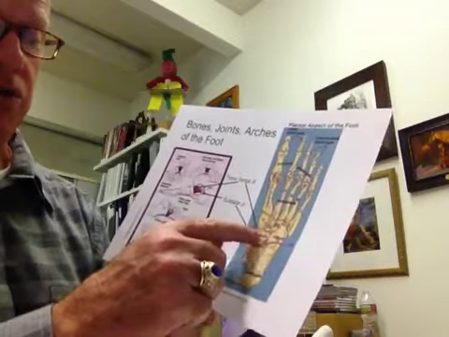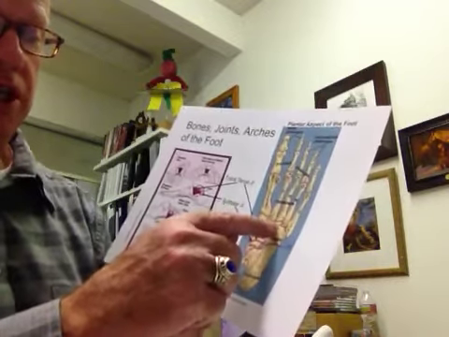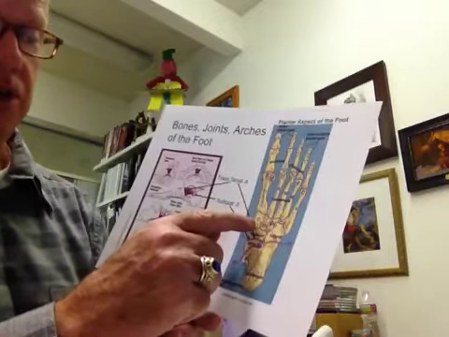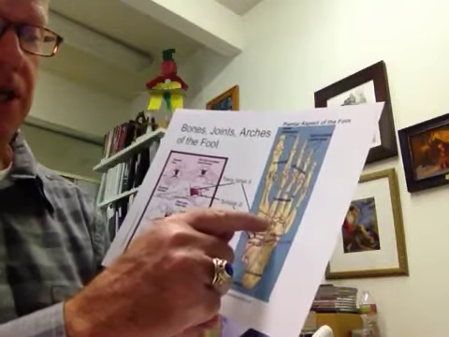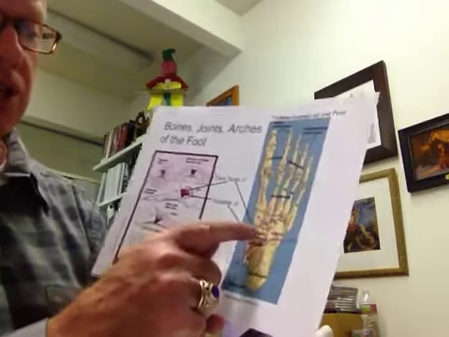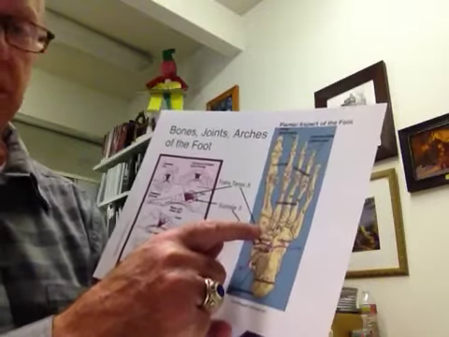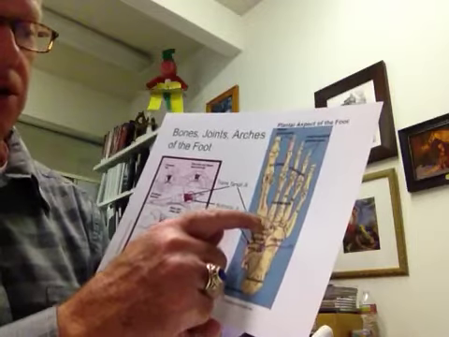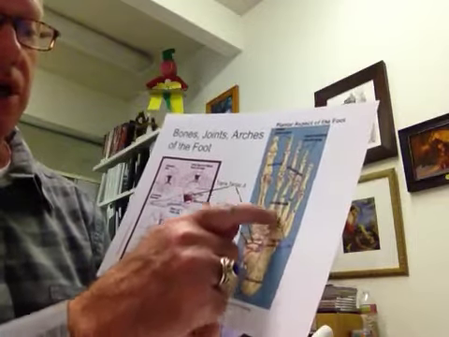The talus articulates with the navicular, which articulates with all 3 of the cuneiform bones. We could call this medial, middle, and lateral, or we could say 1, 2, and 3. You'll notice a feature is that each cuneiform 1 through 3 articulates with its own metatarsal.